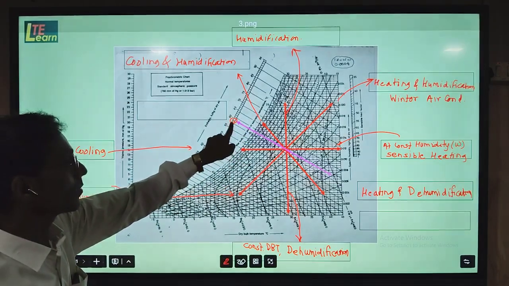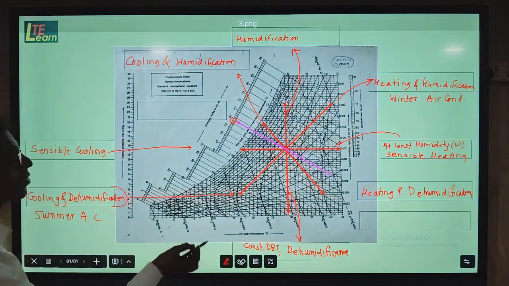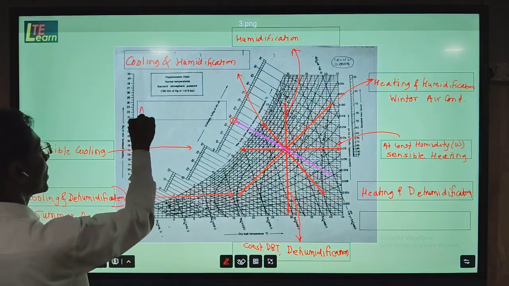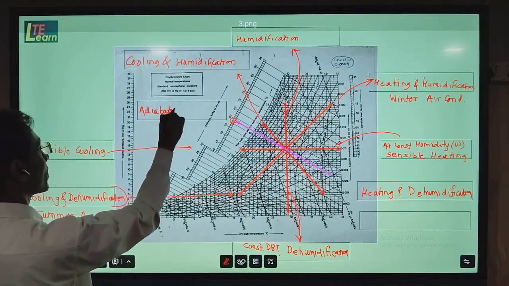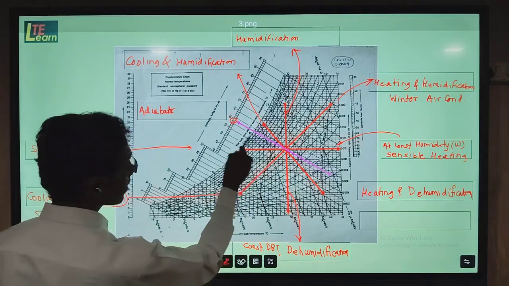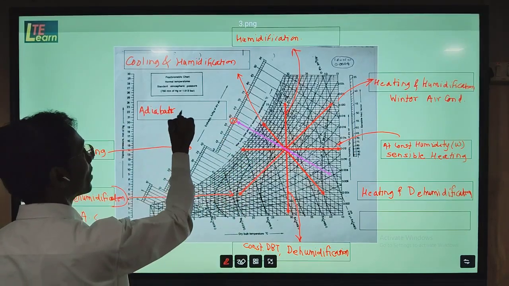The process in which enthalpy remains constant is called adiabatic, and in this there is a decrement in the dry bulb temperature, so that is why it is cooling.